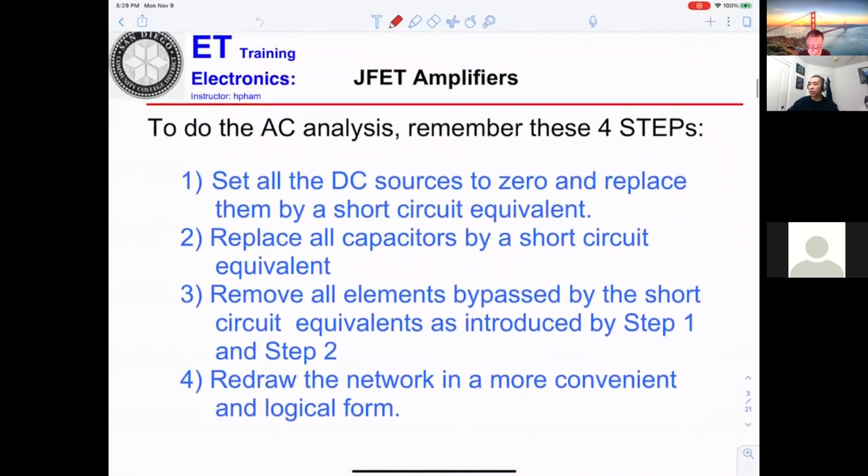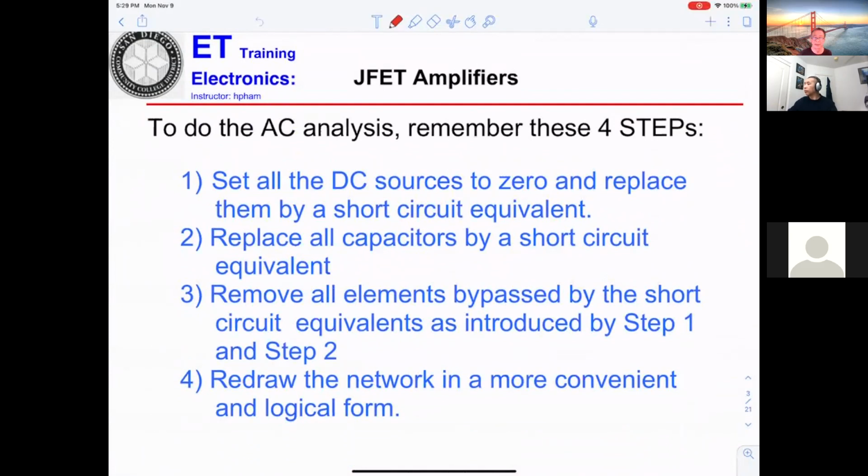That one will be repeated for you when you want to convert a DC circuit to the AC circuit. So first thing, you have to set the DC source to 0 and replace them by a short circuit equivalent. Second, replace all capacitors by a short circuit equivalent.